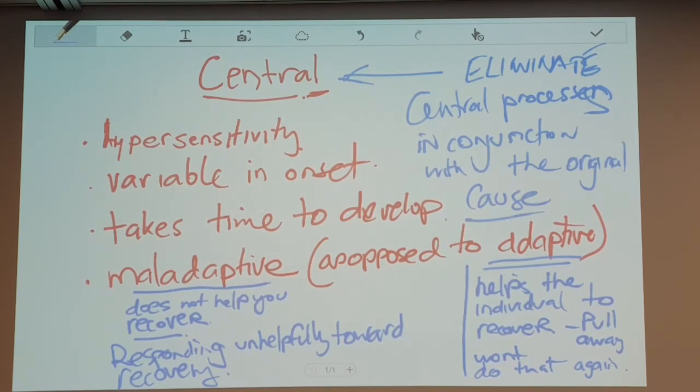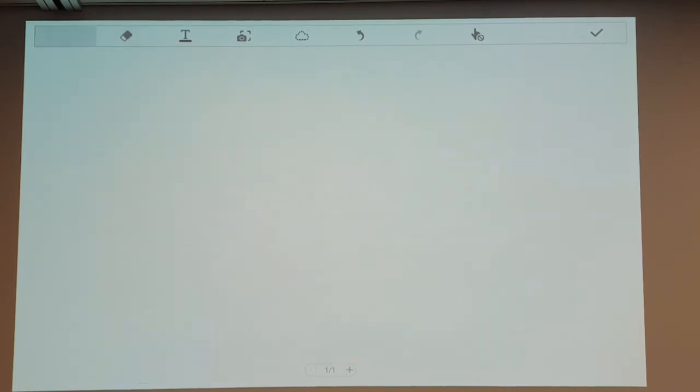You can't just target the original cause, because this centralized pain will obstruct you from fixing the actual originating cause. So let's give a few examples of a centralized process, some non-pain related examples.